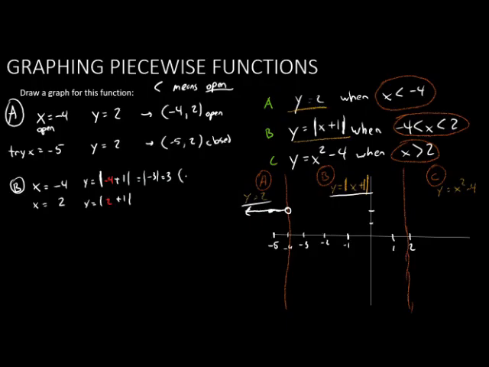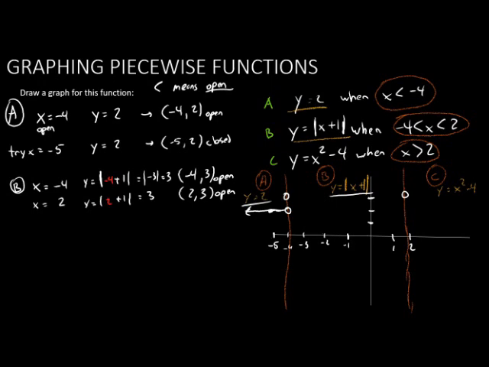Therefore, my point will be x equals -4, y equals 3. Again, since that's on the boundary and we have a less than sign, that will be open. We'll mark that third point on our y-axis and put an open circle on that -4 boundary. Now, if I do the math at x equals 2, we'll have absolute value of 2 plus 1, which is also 3. So my next point is 2, 3. That will also be open.